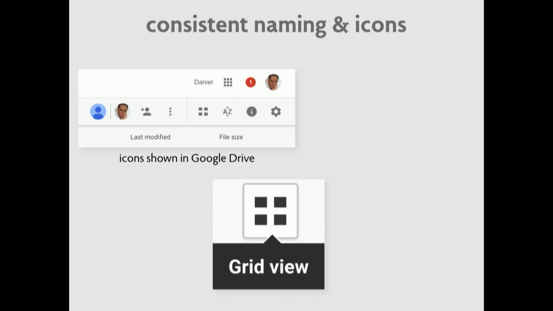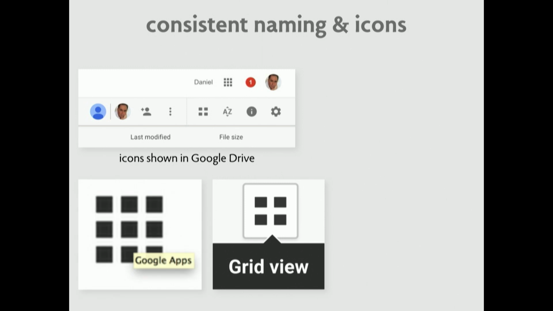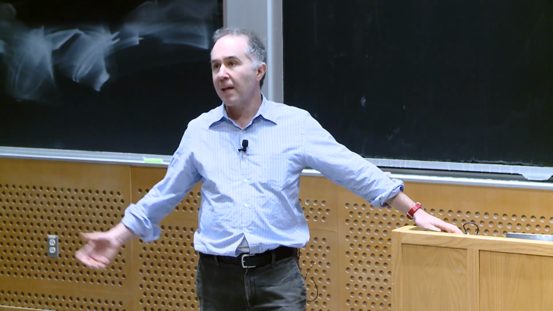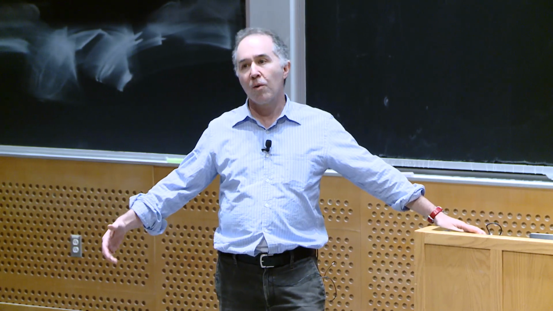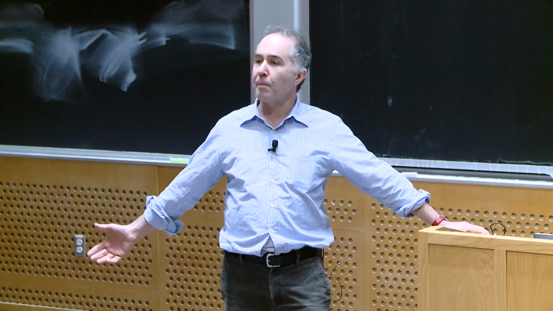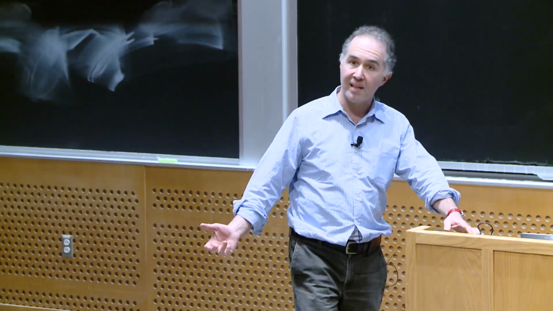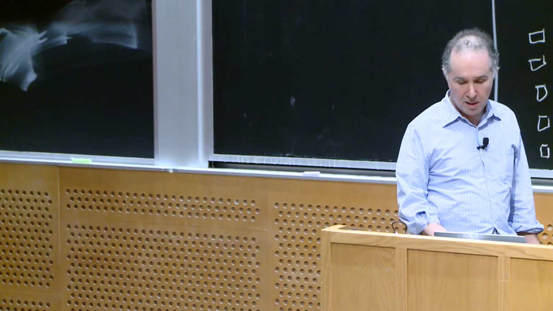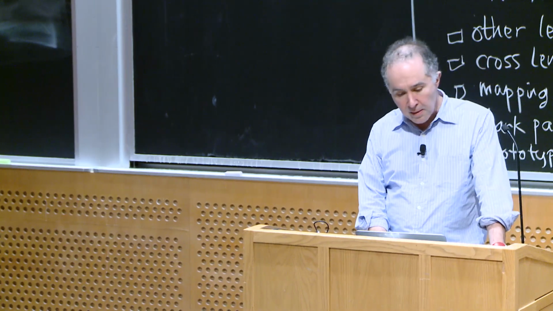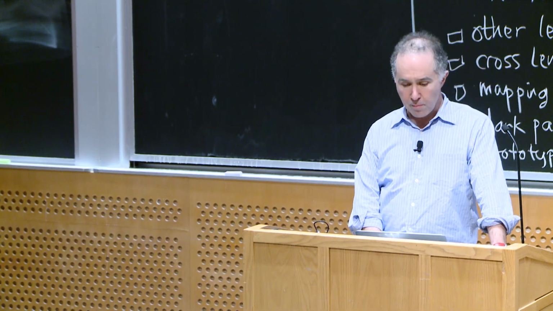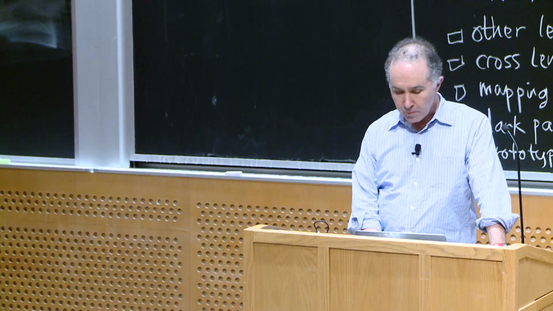And that means grid view, and then there's this icon, and that means open up the collection of Google apps. And there's really no compelling reason that a 2x2 square should mean grid view and a 3x3 should mean applications. Of course, you get used to that, and you can say, well, this is just a minor stumble. But the point is, if you have enough of these things, it makes an application much harder to use. So you want to be consistent and use the same name or symbol throughout an application.